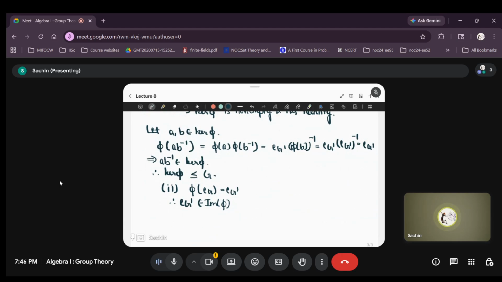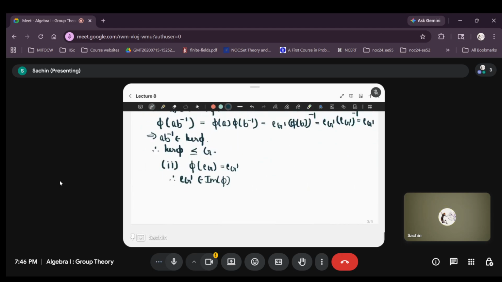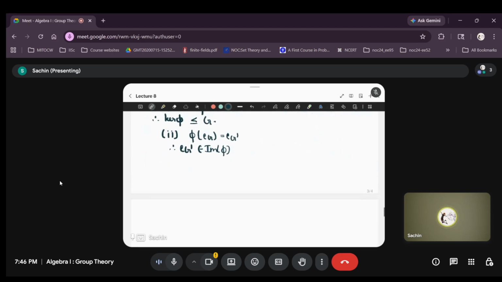It might be easier to show them separately, closure and inverse. Or if you want, you can show it in one shot.